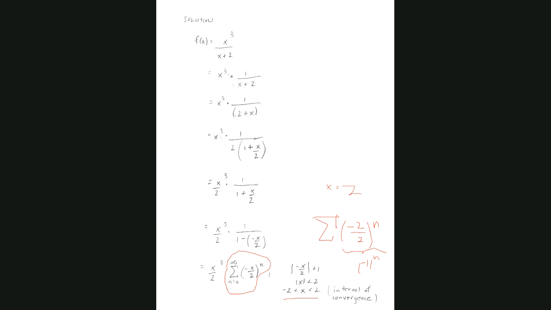So here we are. We have this for our function. Our original function was x cubed over x plus 2. We have this power series, but we want to simplify that. Okay, we're going to simplify that.